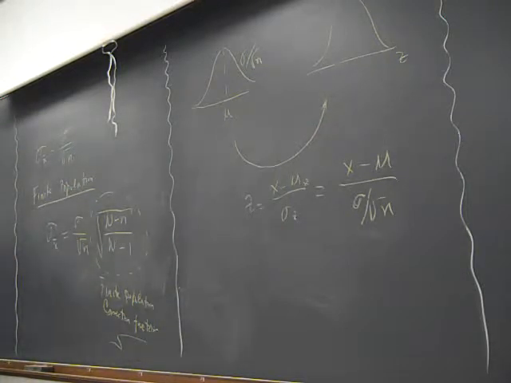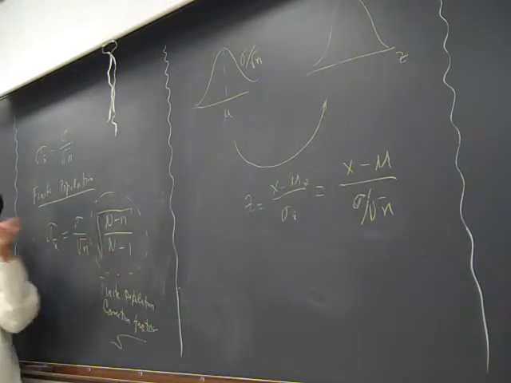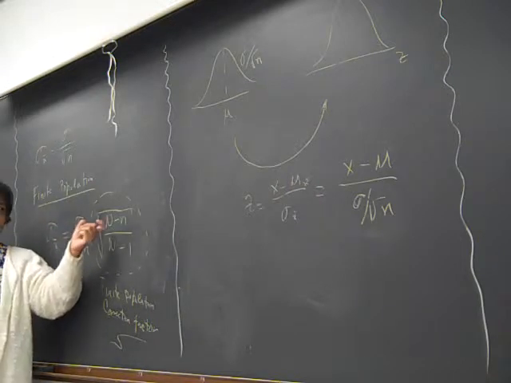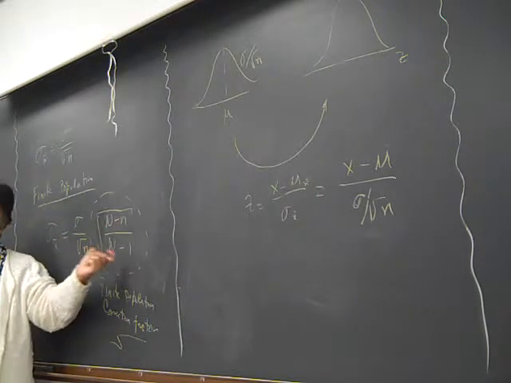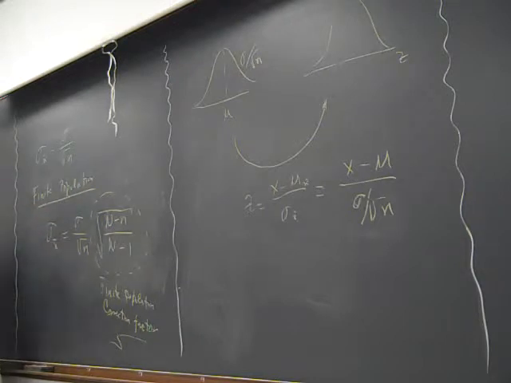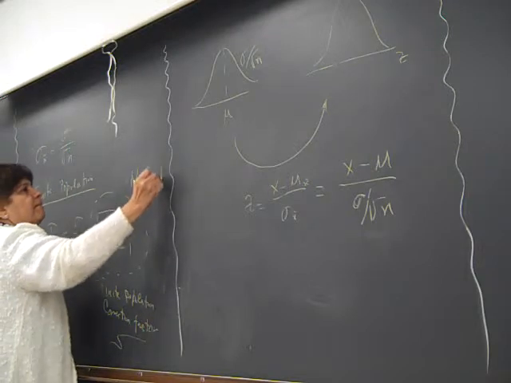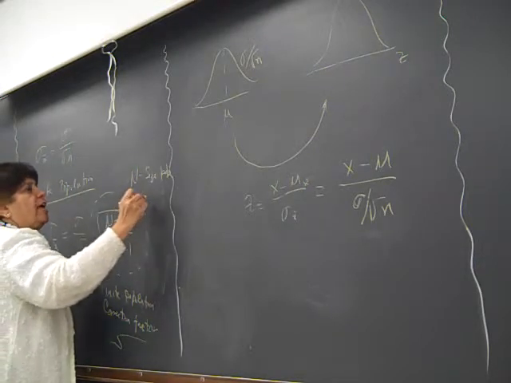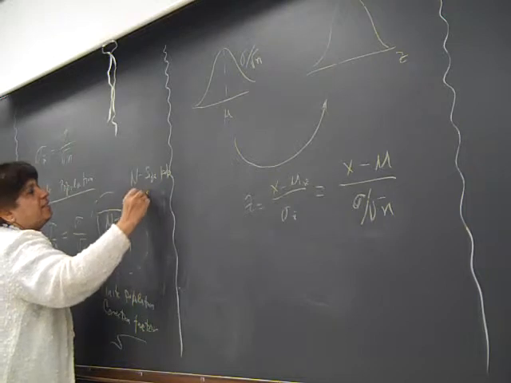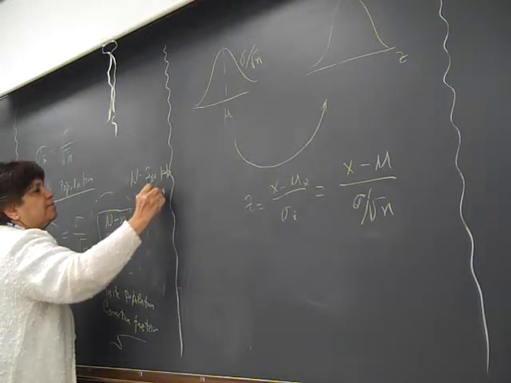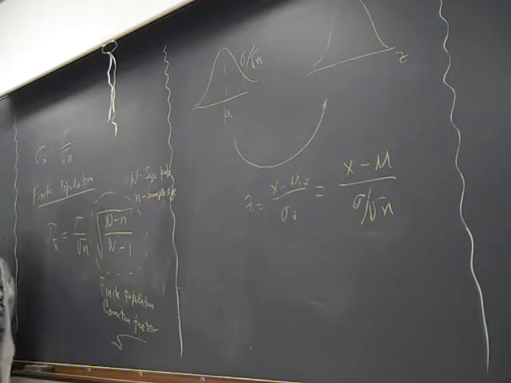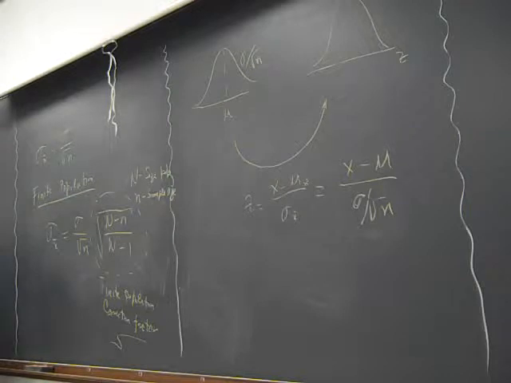But when we have a finite population, we have to use this finite population correction factor that is equal to the square root of N minus n divided by N minus 1, where capital N is the size of the population, and lowercase n is the size of the sample, or the sample size.